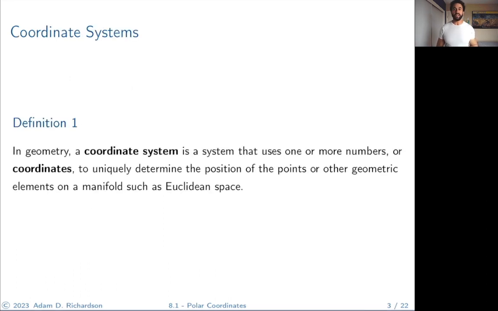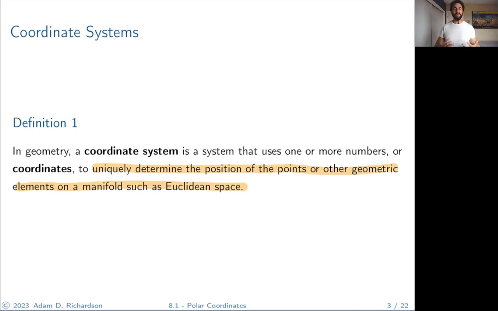All right, so first, what is a coordinate system? So in geometry, a coordinate system is just a system that uses one or more numbers, which we call coordinates, to uniquely determine the position of the points or other geometric elements on a manifold, such as Euclidean space. So this is the very general definition of a coordinate system.